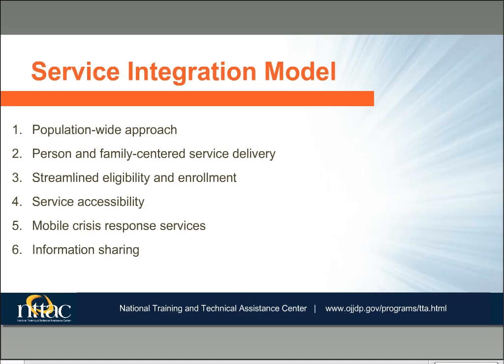And so these 6 design characteristics include the population-wide approach, person and family-centered service delivery, streamlined and coordinated eligibility and enrollment processes, improving service access, integrating a mobile crisis response service, and then sharing information across providers as well as families and caregivers to the extent permitted by law.